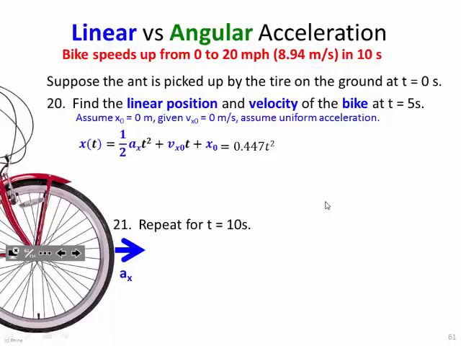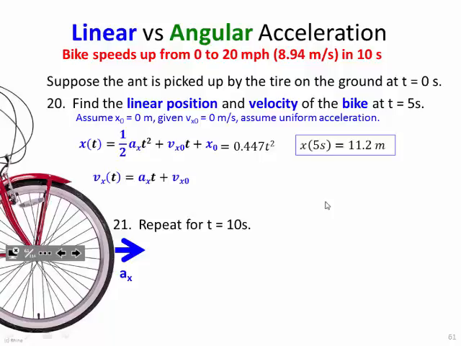And then I can just do what? Plug in 5 seconds for t. And I got 11.2 meters that we've moved in 5 seconds. Same thing for the velocity, and you get 4.47 meters per second. Okay?